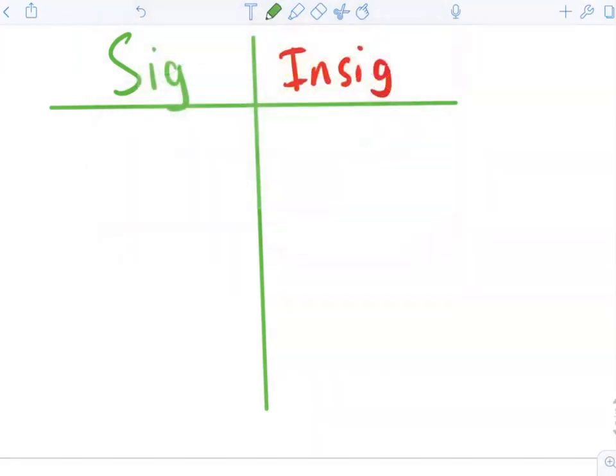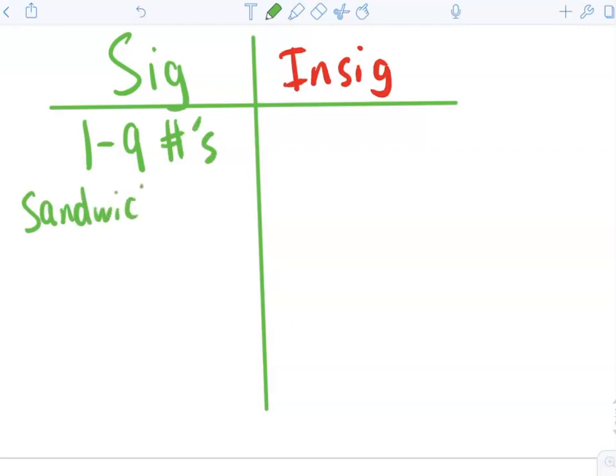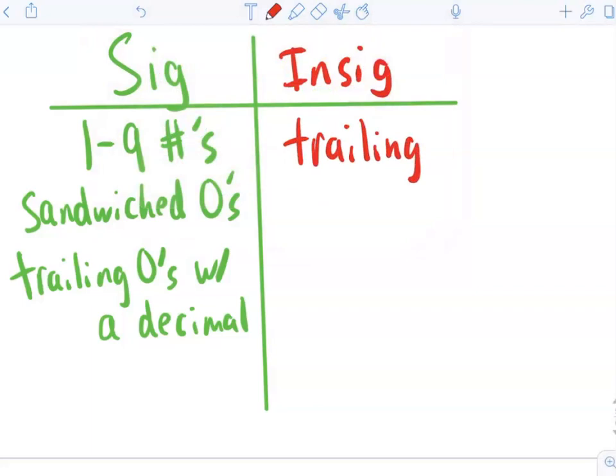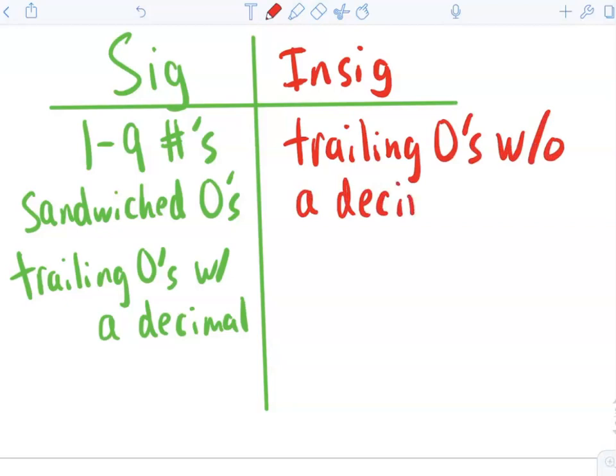So the categories where I'm significant are 1 through 9 numbers, sandwiched zeros, trailing zeros with a decimal, and then I'm insignificant if I'm trailing without a decimal, and then leading zeros.